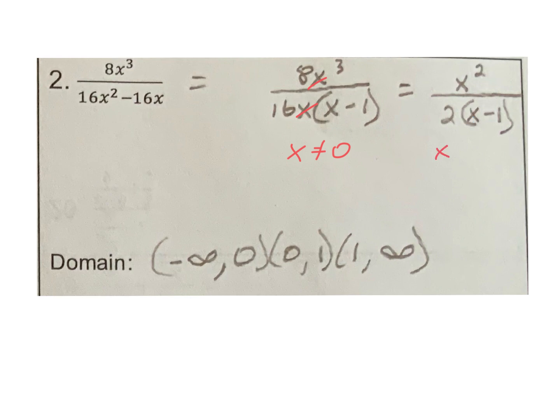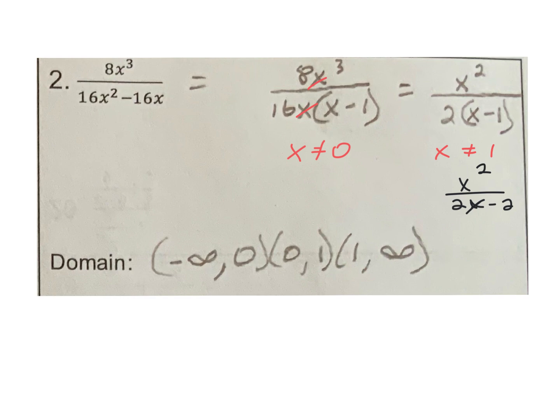By the way, we could have written our final answer as x squared over 2x minus 2 as well, but in this factored form, in the denominator, we can see that the 1 would create the 0. So here again is your domain, going from negative infinity to 0, and 0 to 1, that's not included, and 1 to infinity.